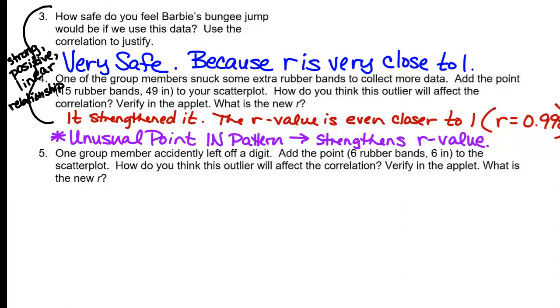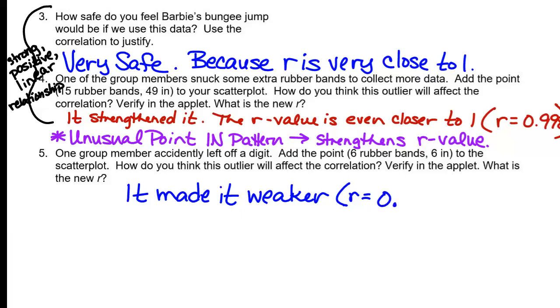All right. Let's come back over here. There you go. Sorry about that. This would be considered an outlier here. It made it weaker. What was our R value again? I'm sorry, I didn't write it down. 0.8377.